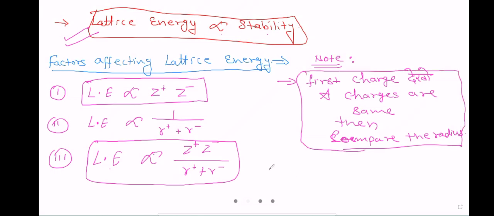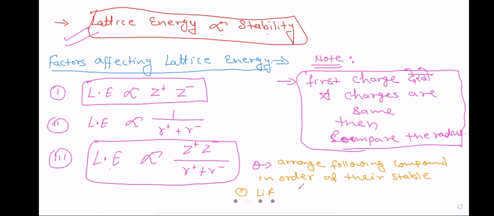Just for example, the question is: arrange the following compounds in increasing order of their stability: LiF, LiCl, LiBr, LiI.